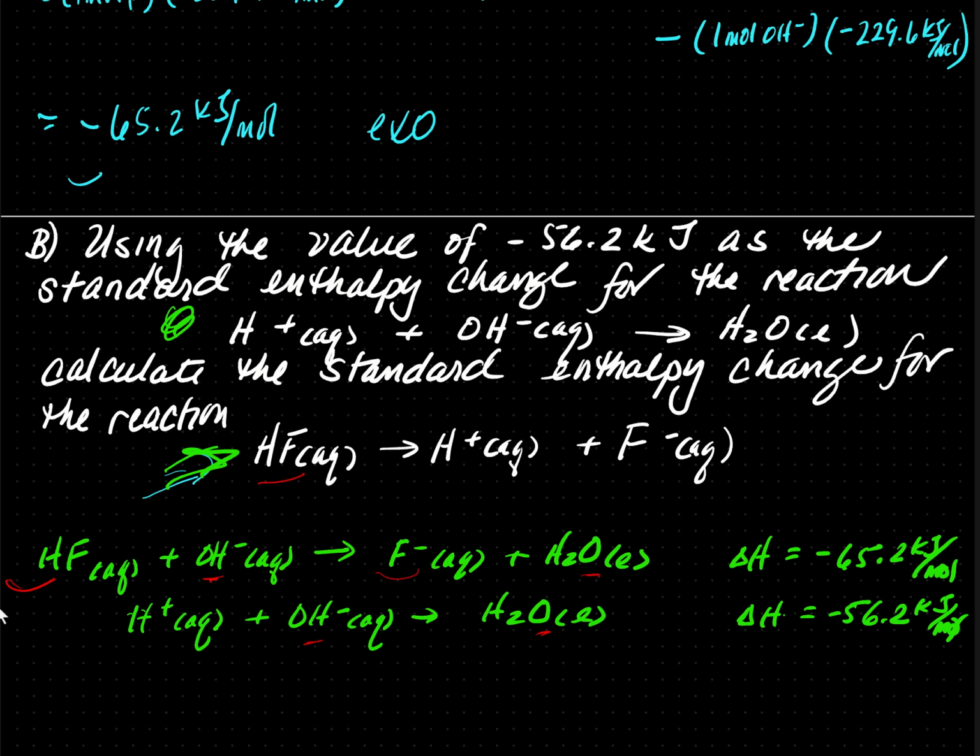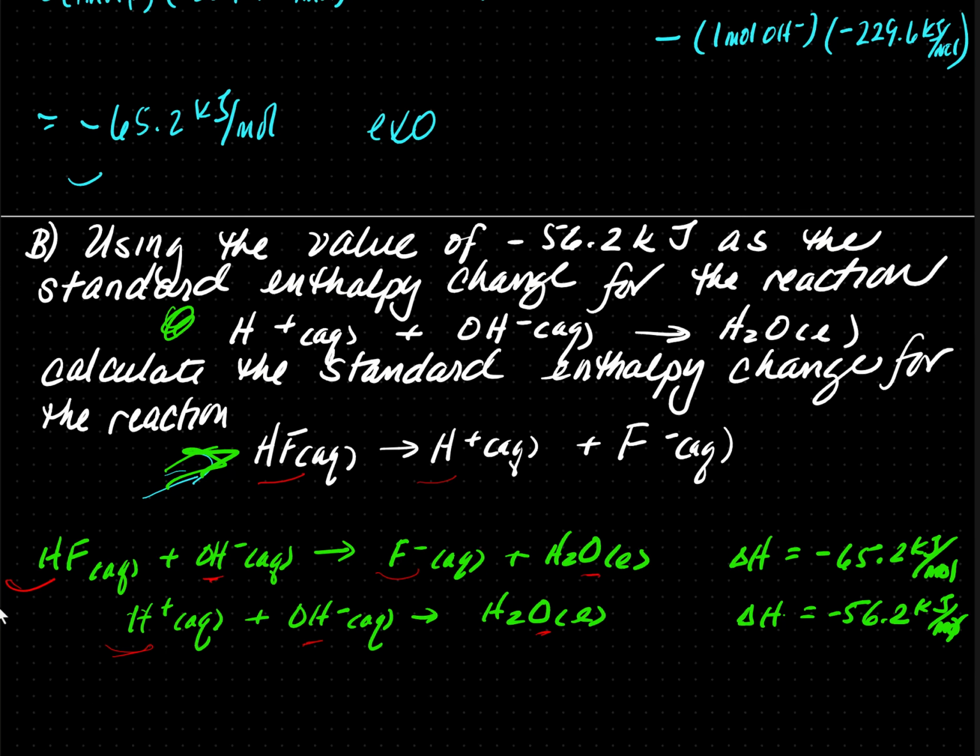If I look at my second equation, I know I need to flip the equation. Why? Number 1, HF is present on the product side, but in the equation given, it is on the reactant side. In addition, we need to get rid of the OH minus that is on the reactant side of the top reaction.